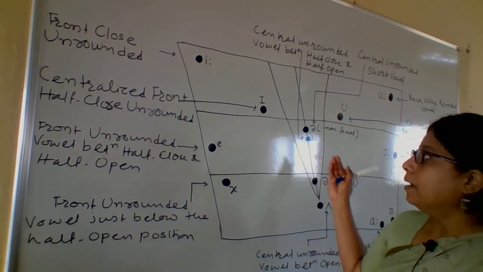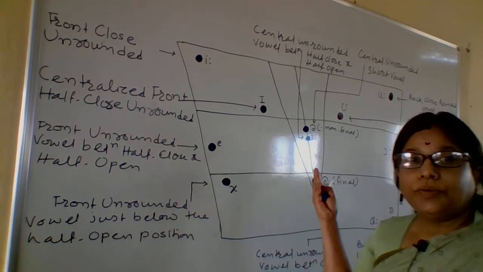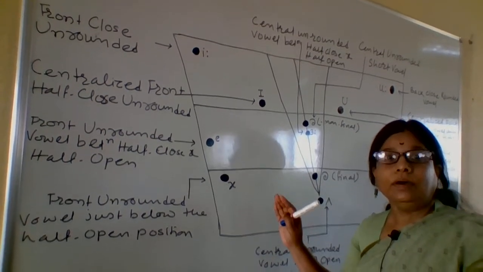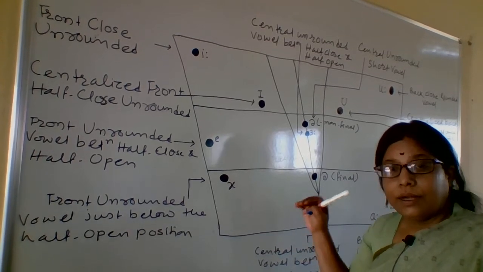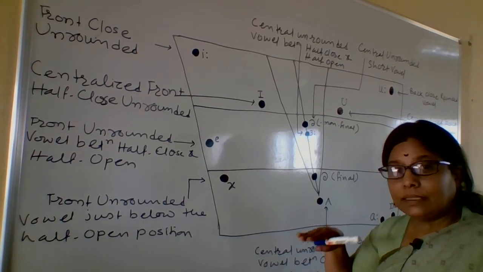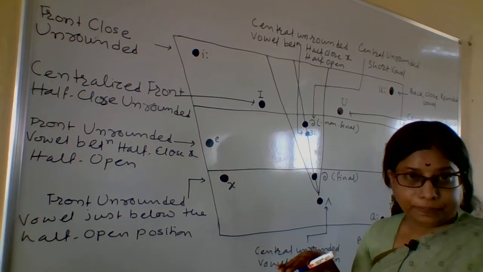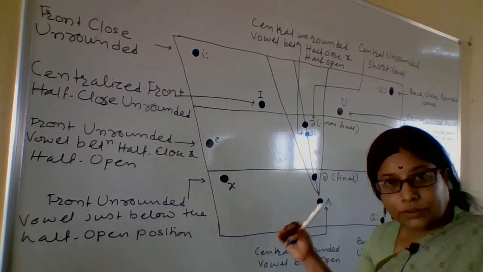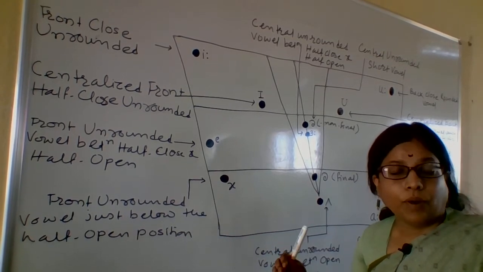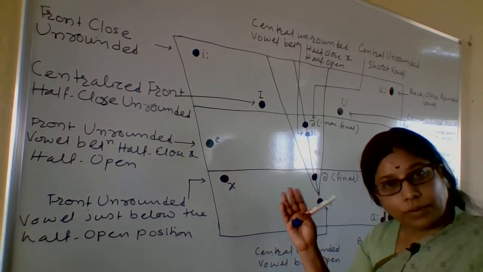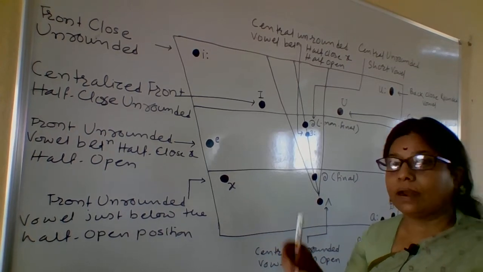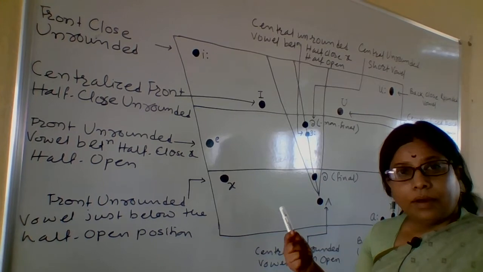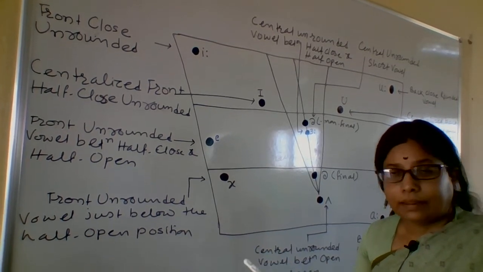So here are the 12 vowels which are known as the pure vowels or the monophthongs, because during their production the tongue remains in the same position while these vowels are produced. So they are known as the monophthongs or the pure vowels, and they are 12 in number out of the 20 vowels. The remaining 8 are known as the diphthongs, and their figure we will discuss in another video.